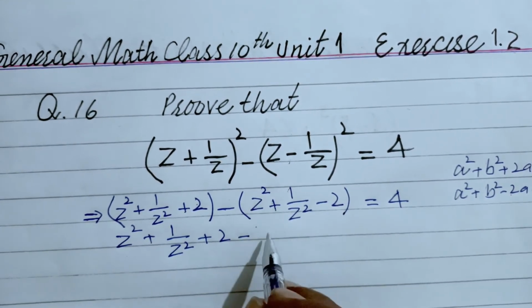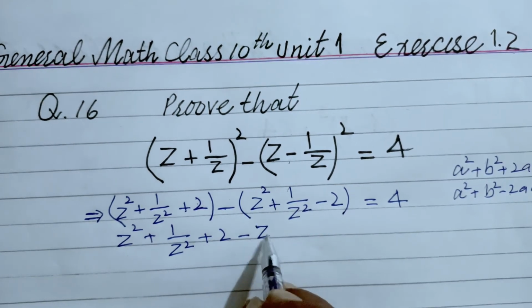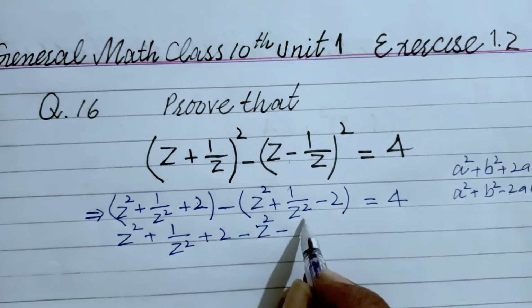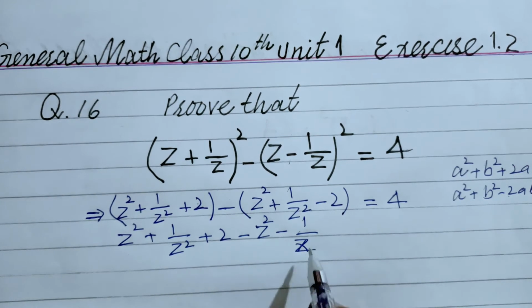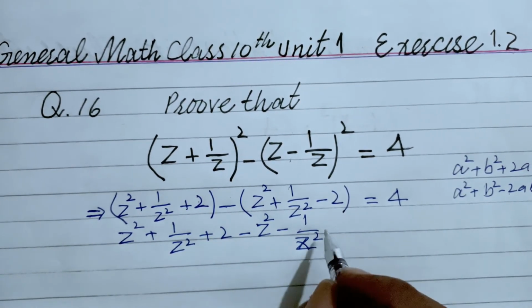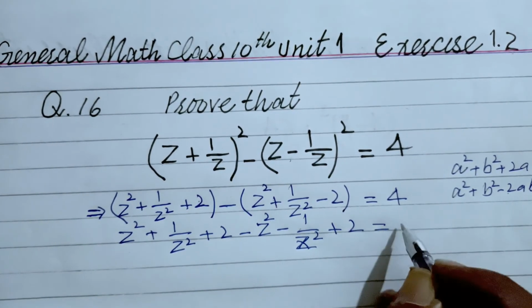Z square plus, this will be minus 1 over z square, minus will change into plus 2, is equal to 4.